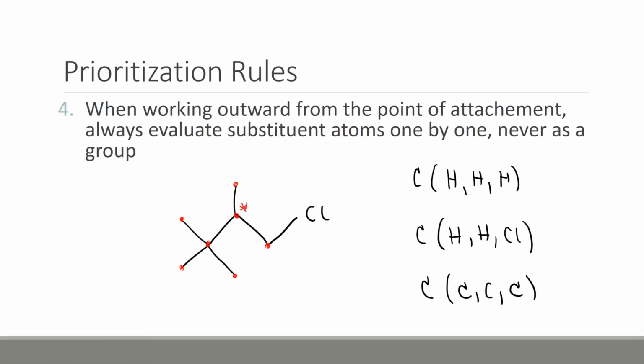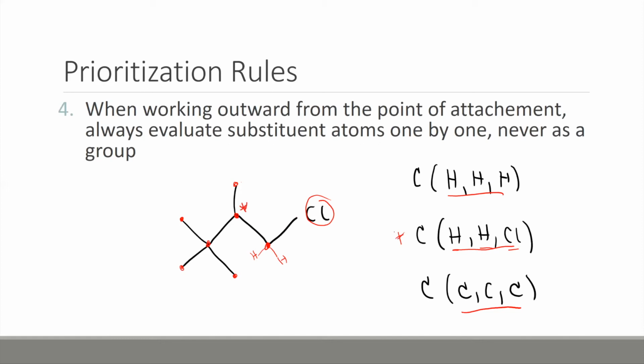Now this carbon, if you want to look closely at it, it has a hydrogen, but it also has a chlorine directly attached to it. So it would be hydrogen, hydrogen, chlorine. In this case, remember, we're always comparing by the atomic number.